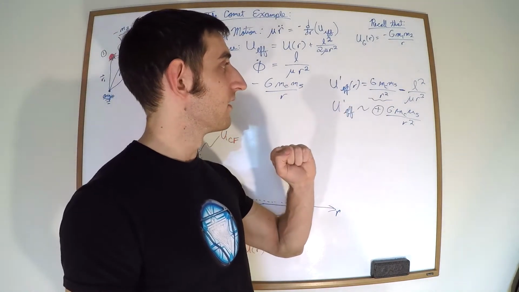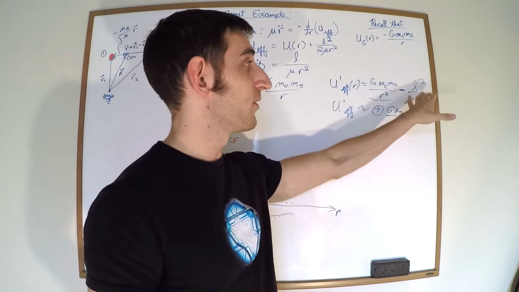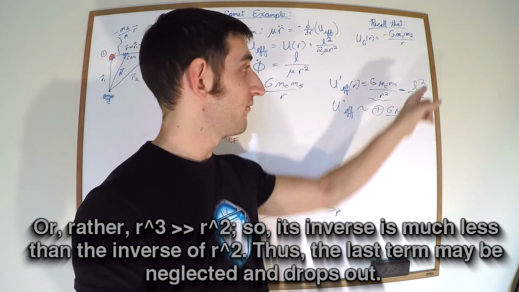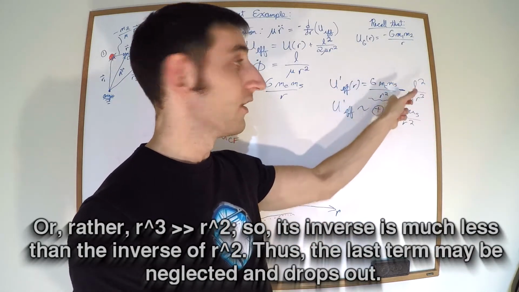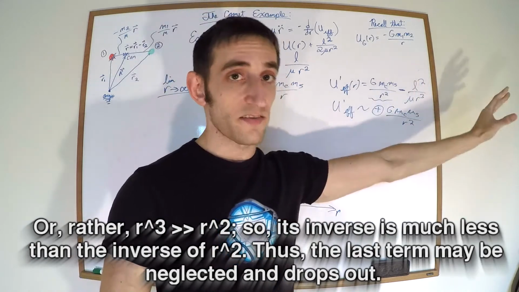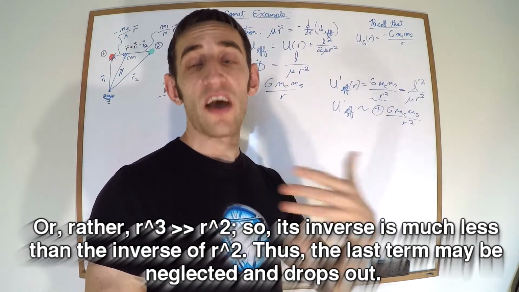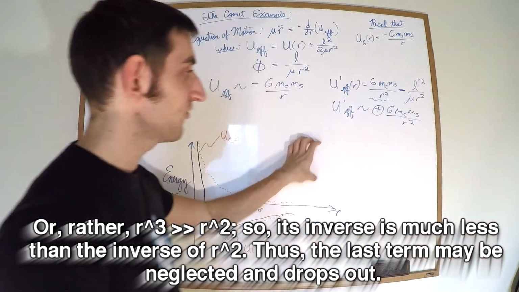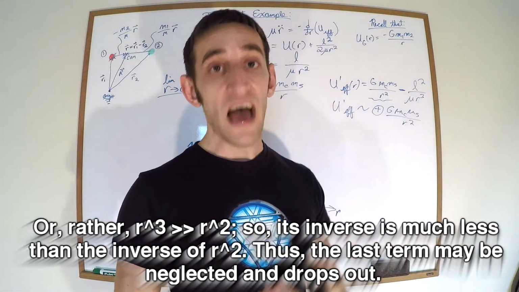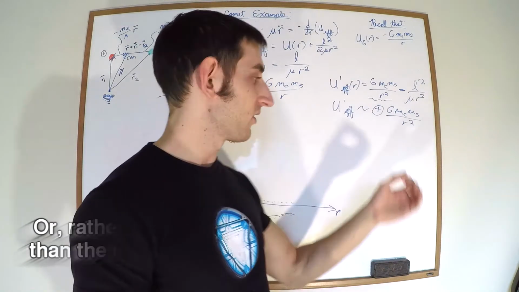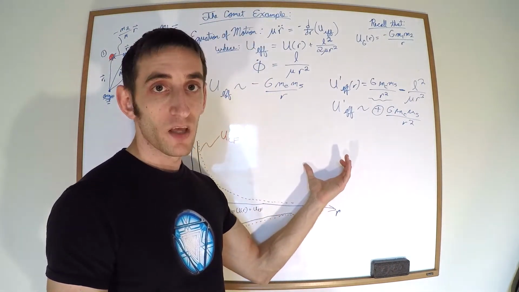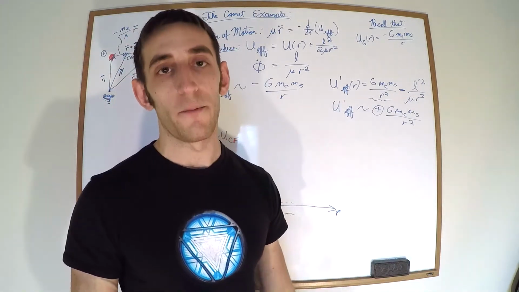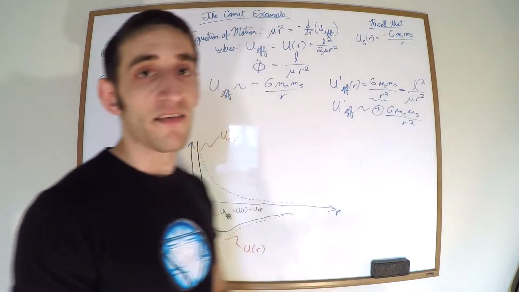It's positive because we have r squared on the bottom as opposed to r cubed, so this has a higher magnitude. When r goes to infinity, this is infinitely larger than that guy, so we can neglect this. It's just like what we would do with Taylor series. If you've taken my course, that crops up quite a lot. In essence, we take the first term and the leading terms vanish when we have small r's, because a small value squared is not as small as a small value to the fifth, for example. This drastically exemplifies that fact.